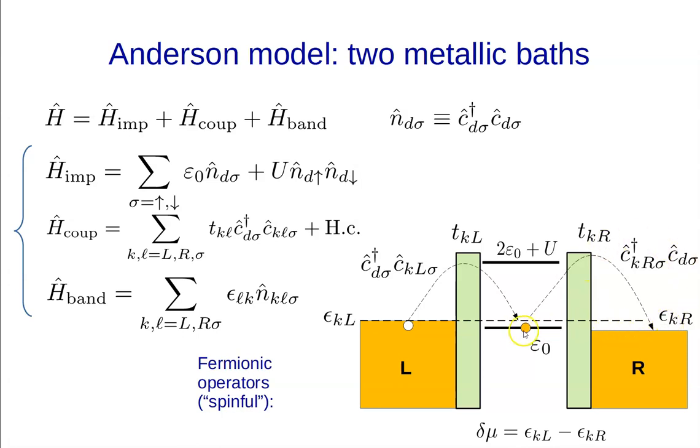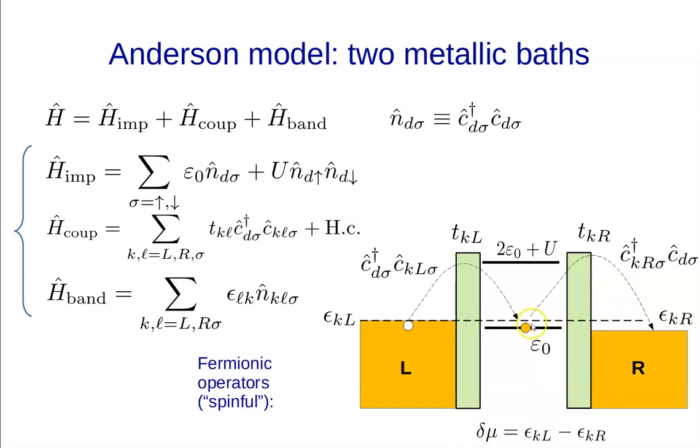This might also be a process that is energetically favorable, because now I'm taking an electron from a dot level that is a little bit larger than the chemical potential in the right lead. So now this cascade, this two-step process, might be favorable if the dot level or the impurity level lies in between this very small window.